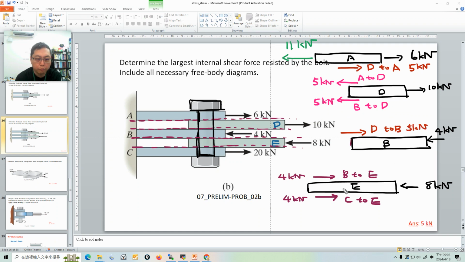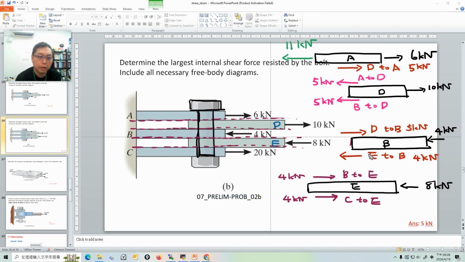In the free body diagram of E, we know there's a force exerted from B to E, so there must be an equal and opposite reaction force, E to B, which is 4 kilonewton. Then let us check, is this balanced? 5 kilonewton to the right and 4 plus 4 to the left, so overall it points to the left.